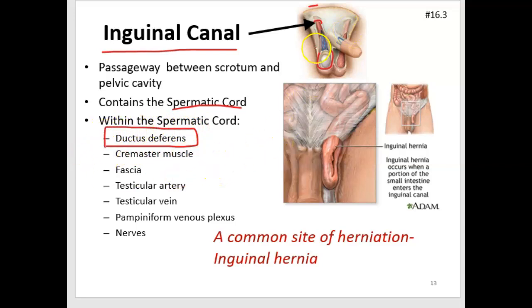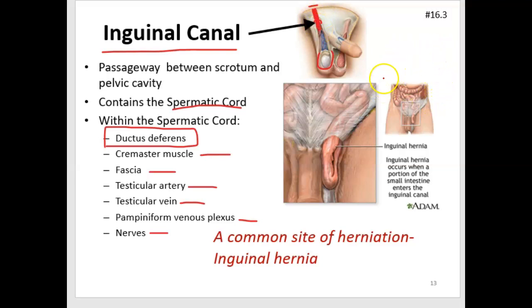But the spermatic cord also, of course, has arterial blood supply going to the testes. It has venous blood returning from the testes. And, of course, we just talked about the pampiniform plexus. And there are nerves present in the spermatic cord that end up surrounding the testicle. And there's a layer of fascia in addition to the cremaster muscle. So the inguinal canal actually has quite a bit because the spermatic cord runs through there.